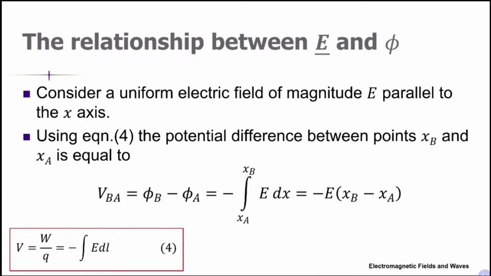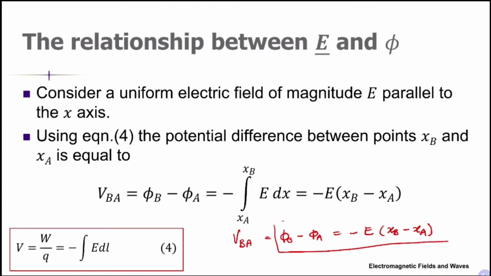Okay, so we work out an equation that VBA equals phi B minus phi A equals minus E times (xb minus xa). Okay, so from this equation, we can work out what the electric field is.